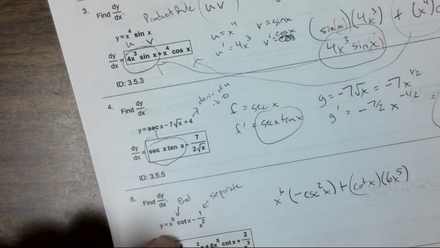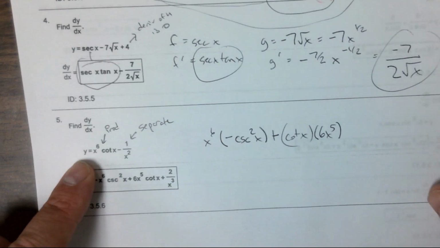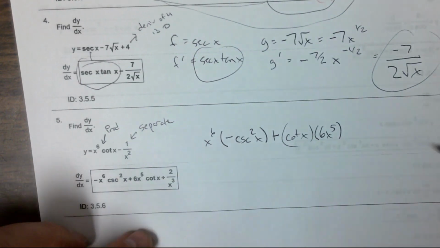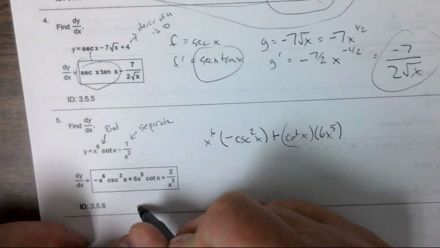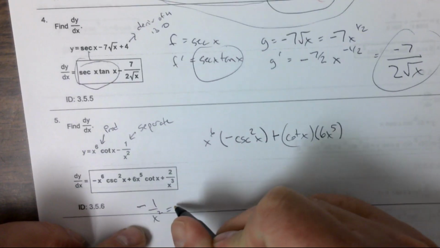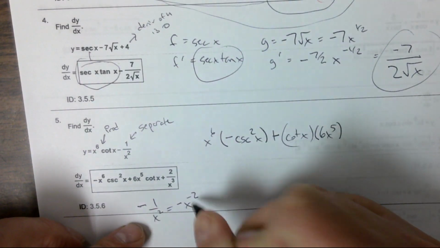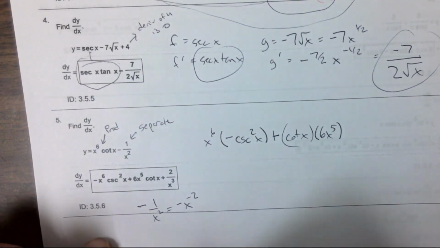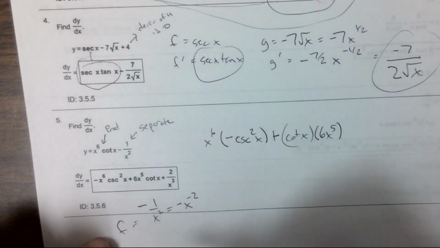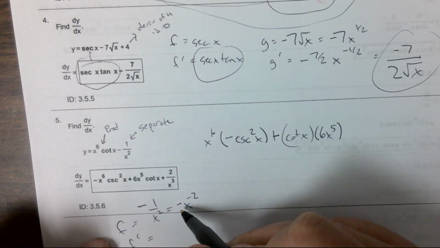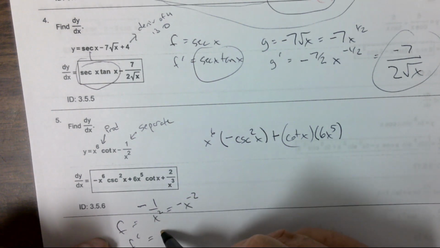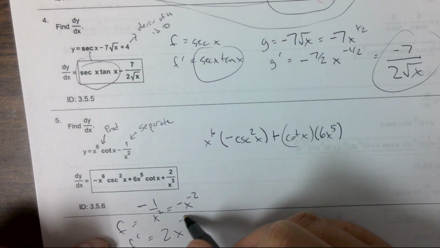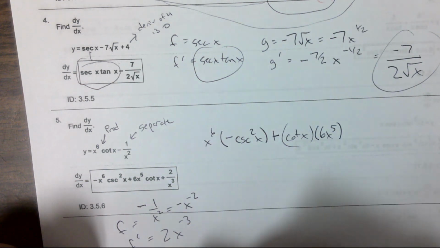Now for the last part, which I say separate, we'll put that as negative 1 over x squared, which is the same as negative x to the negative 2. So I'm going to call that f. So f prime would be negative times negative 2 is 2, x to the negative 3. And so we write that as 2 over x cubed.